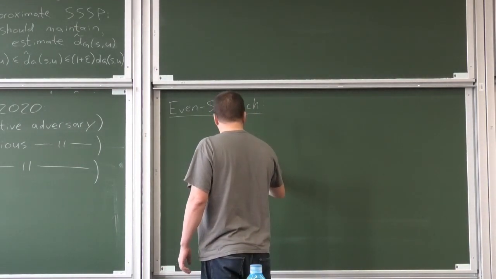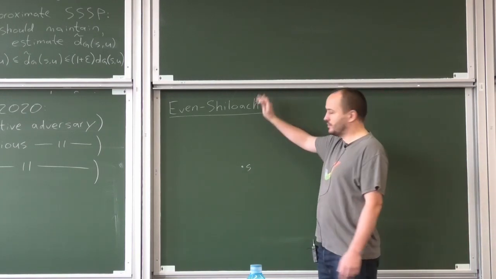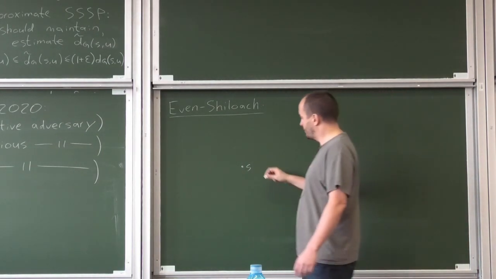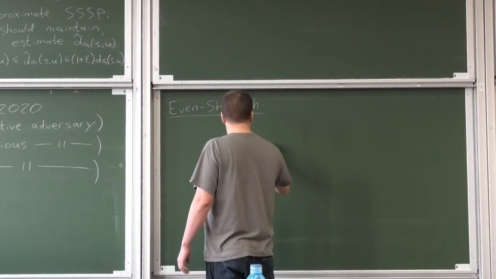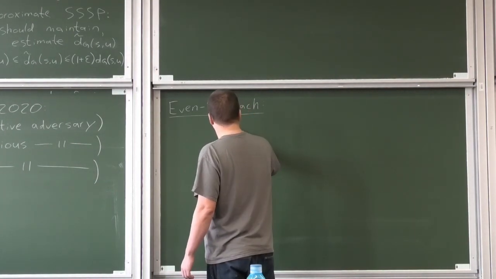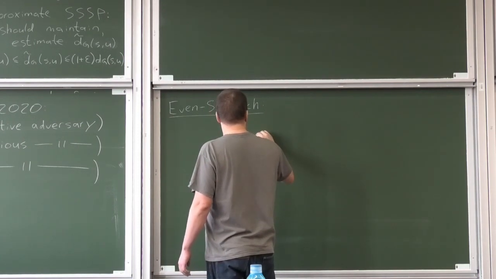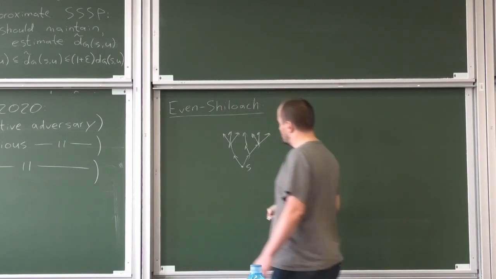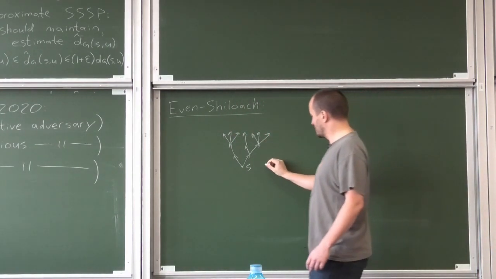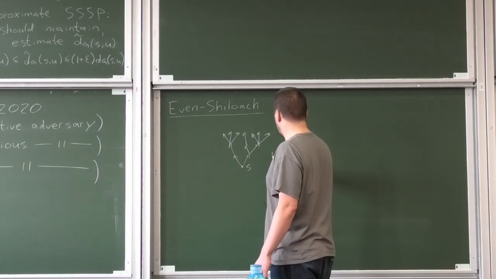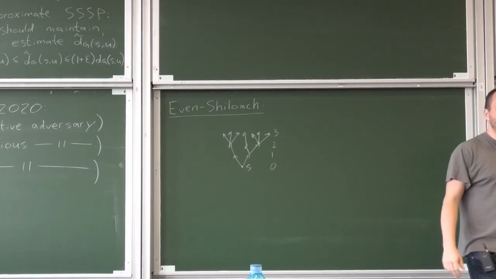Initially, let me draw S, the source, down here. Initially, we just compute a breadth first search tree. Maybe like this. And we can define levels of the tree. So this is level 0, this is level 1, level 2, level 3, and so on. So these are distances from S.